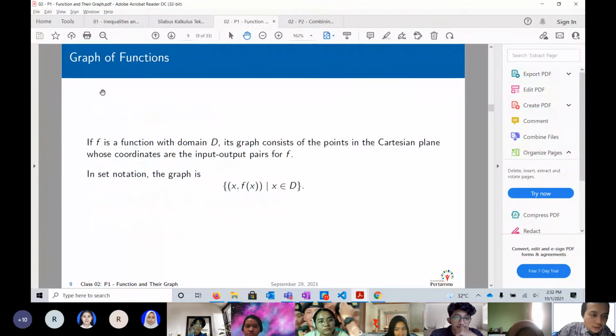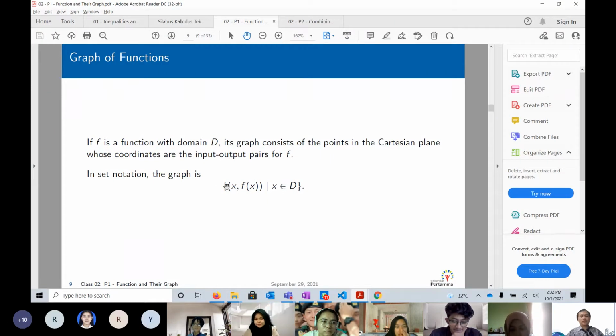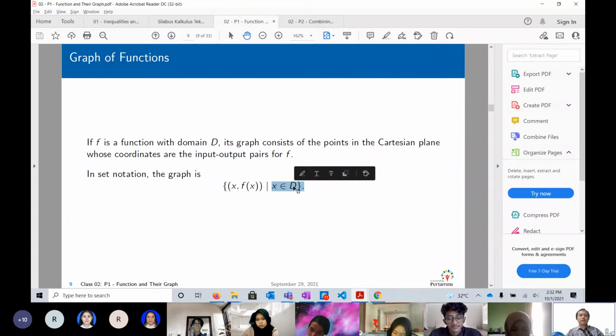Oh, we talk about the graph of functions. What is the graph of a function? Formally, it is defined like this. The graph of a function is a set of pairs of points, x comma f of x, where x is in the domain of f.